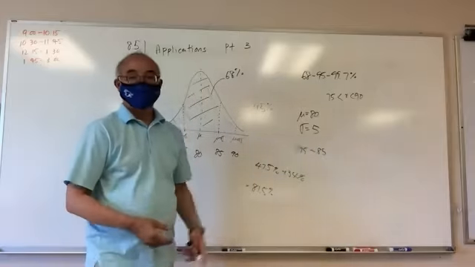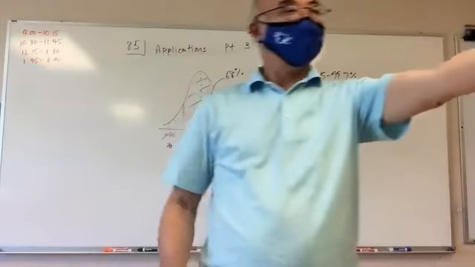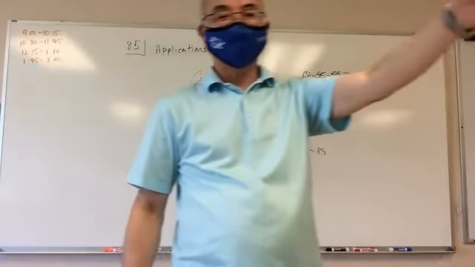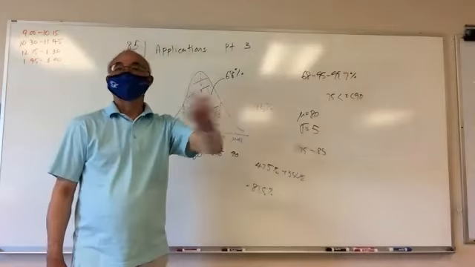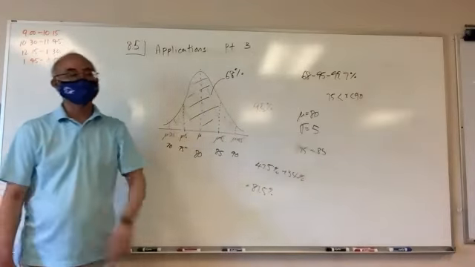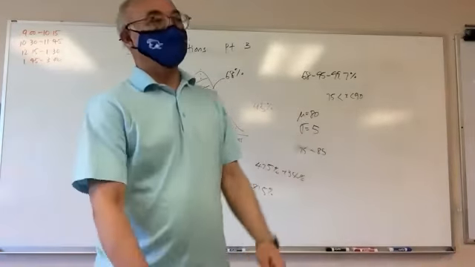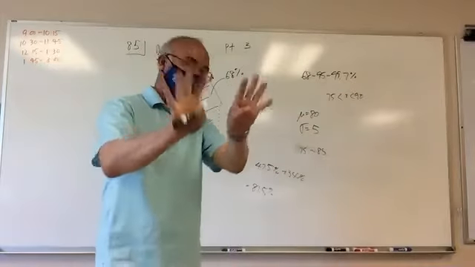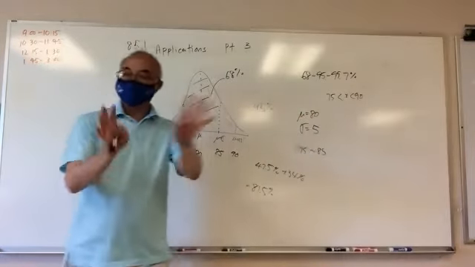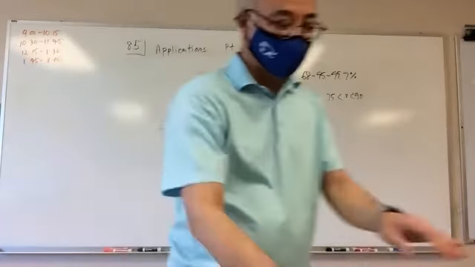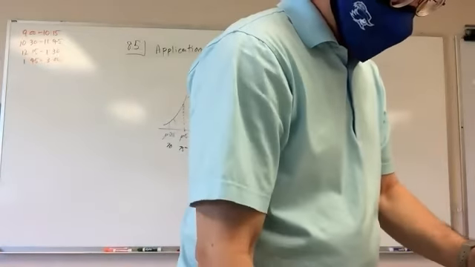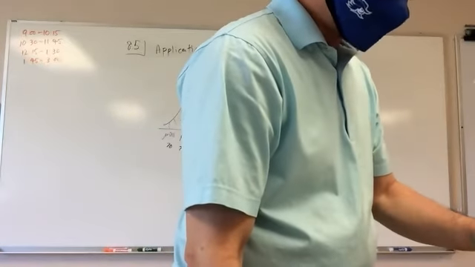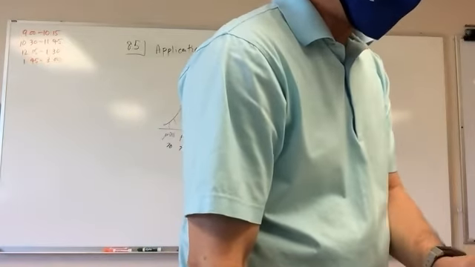And those we deal with by using your calculator. The calculator actually has a program that will calculate that stuff. We're not going to go into that today, but just realize that there is a program.